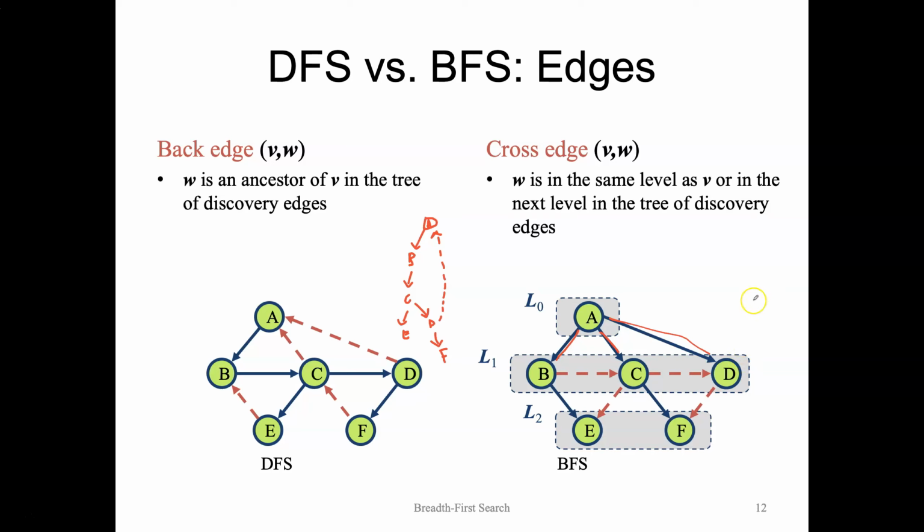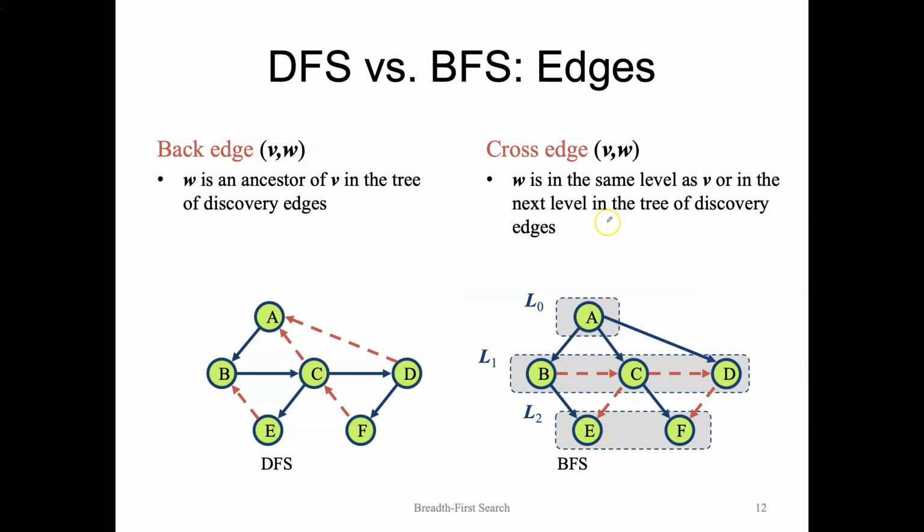So a non-discovery edge here means that we have some edge which goes, yes, back to a vertex we've already encountered, but where this edge exists in our spanning tree induced by discovery edges is this edge goes either across within the same level of our spanning tree, or it goes just to the next level.